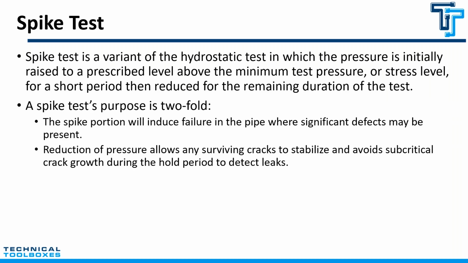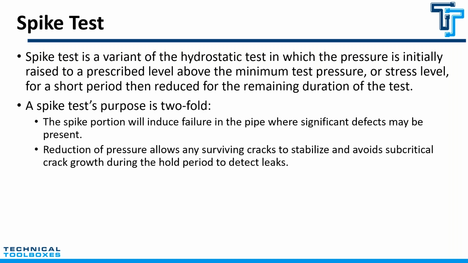Now there is a subcategory within the hydrotest process called spike testing. Spike testing is a variation of the hydrotest, usually done in tandem with the hydrotest. The good part of spike test is, if there's an 8-hour window, you can include the spike test as part of the hydrotesting process.